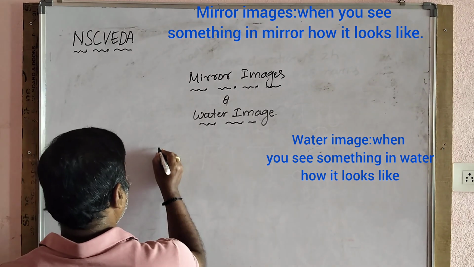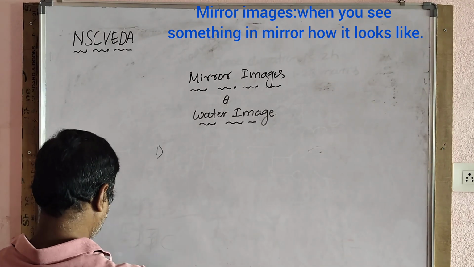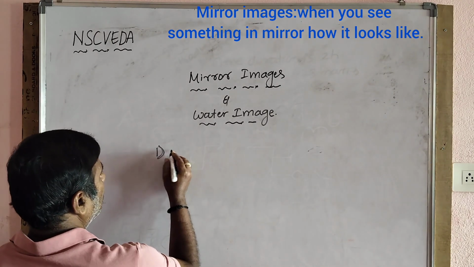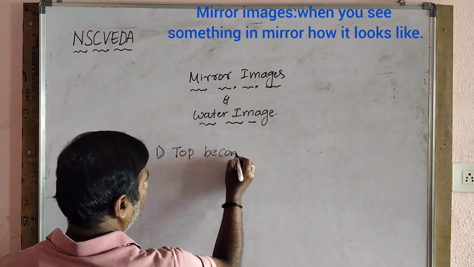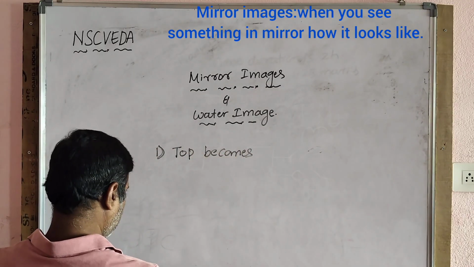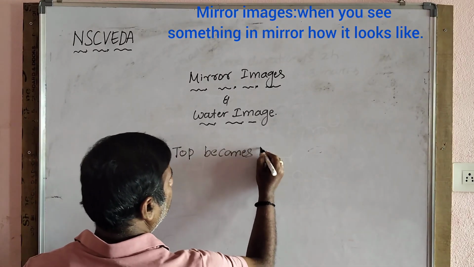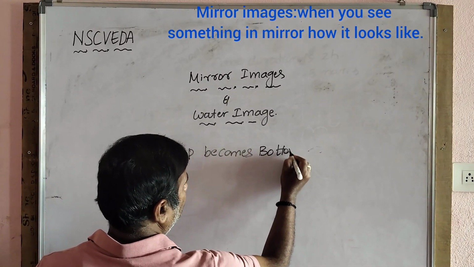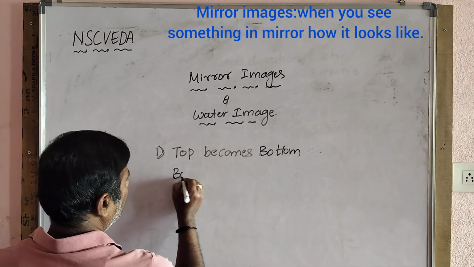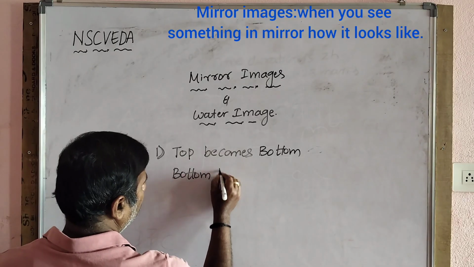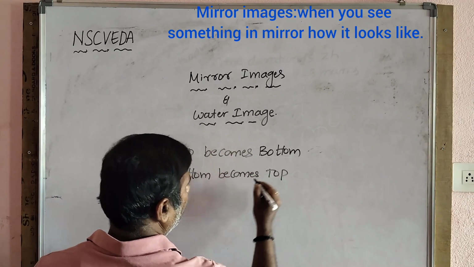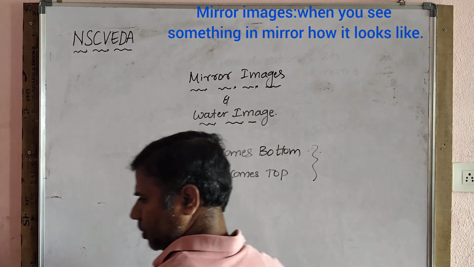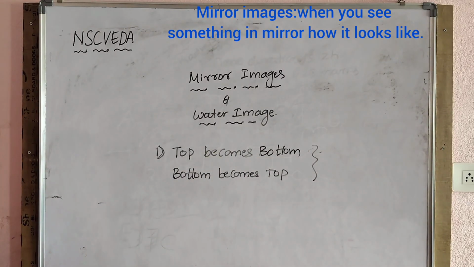So here top becomes bottom, bottom becomes top. This is called vertical inversion. This is called what? Vertical inversion.